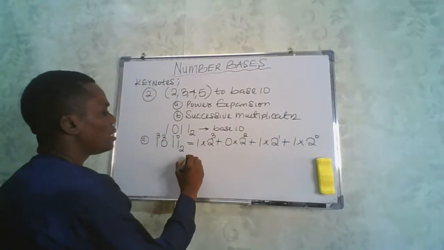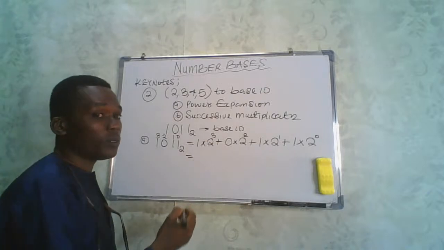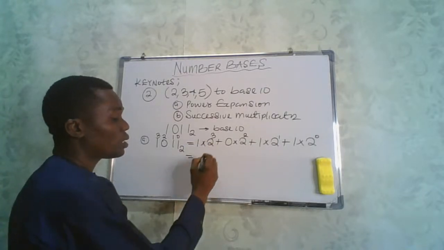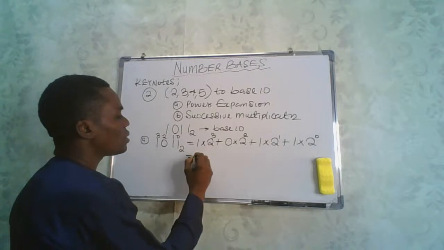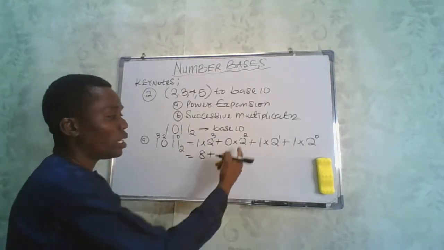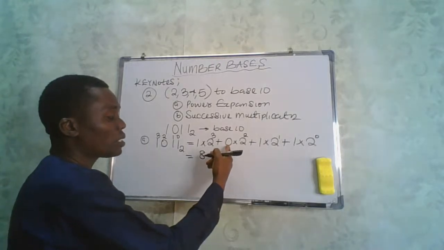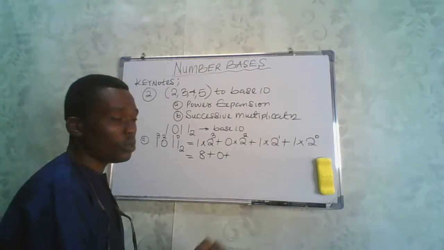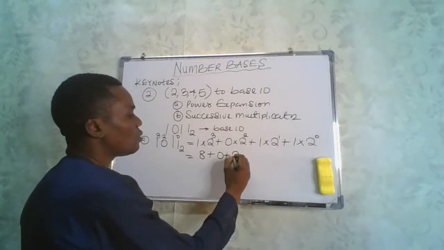Now, if we simplify this, 2 to the power of 3 is going to give us 8: 2 times 2 is 4, times 2 is 8. 1 times 8 is going to give us 8. Plus 2 to the power of 2 is 4, and 4 times 0 is 0. Plus 2 to the power of 1 is 2, then 2 times 1 is going to give us 2.